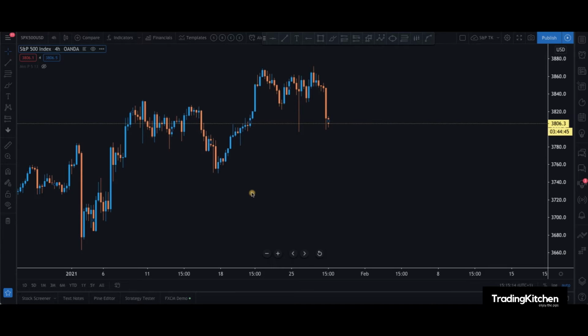So when we talk about patterns on the web, in trading literature, you can find so many patterns, so many names.